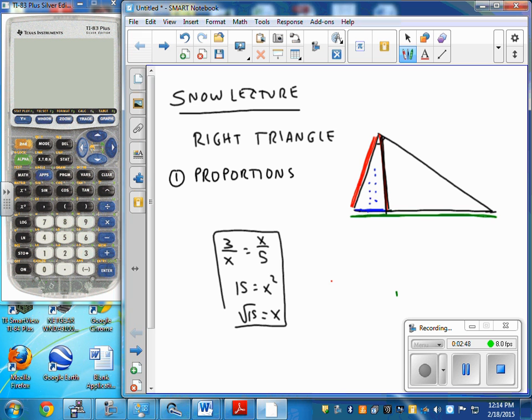So the leg is the geometric mean between its projection and the entire hypotenuse.